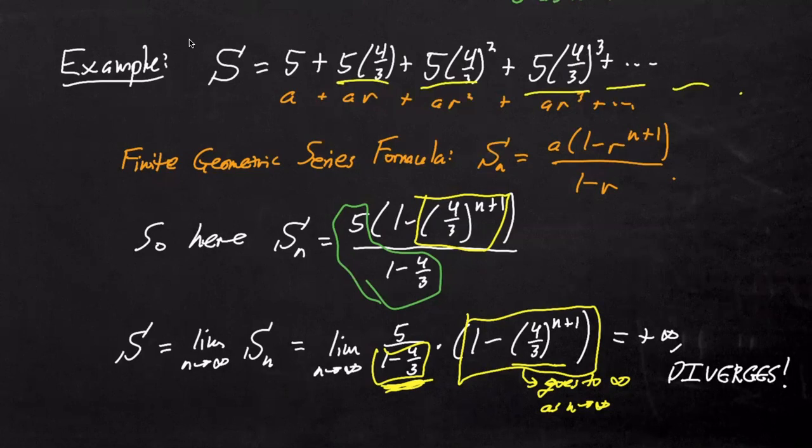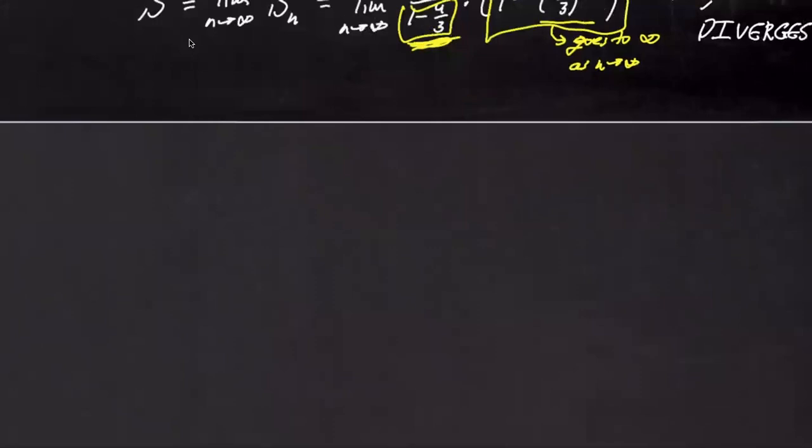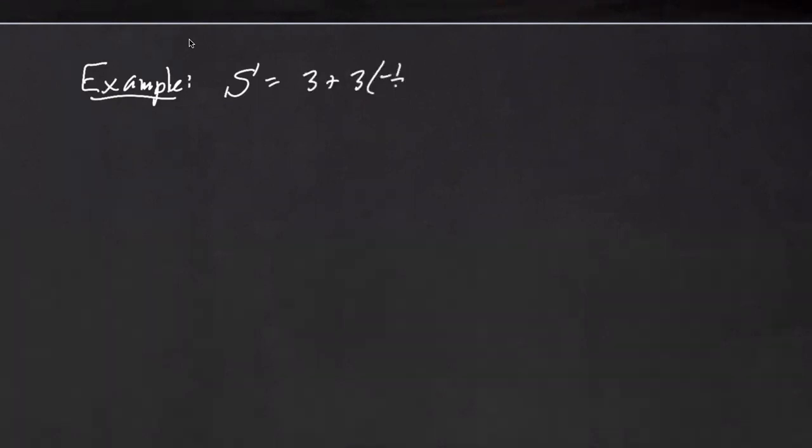Okay. And so if we wanted to generalize this, actually, I'm sorry, let me give you one more quick example. It turns out R can be negative. We didn't really think about what happens when R is negative. So what if we did something like 3 plus 3 times negative a half plus 3 times negative a half squared plus 3 times negative a half cubed, and so on.